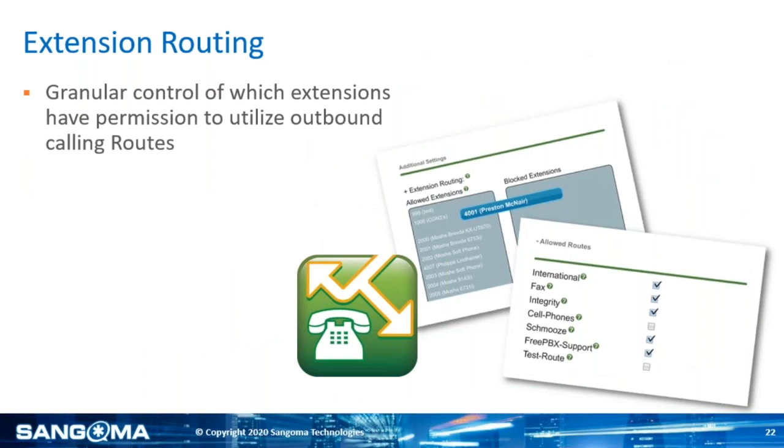Extension routing, if you want to limit what certain people can access. Specifically, if you don't want someone to be able to fax or do international phone calls, extension routing is how you can limit that. You can say this group of people or individuals can do this, this group cannot.